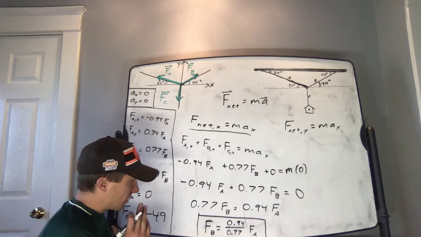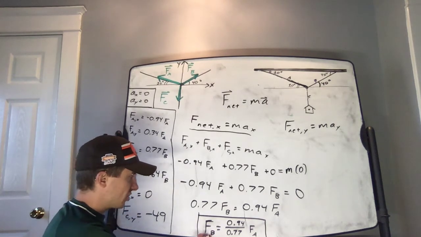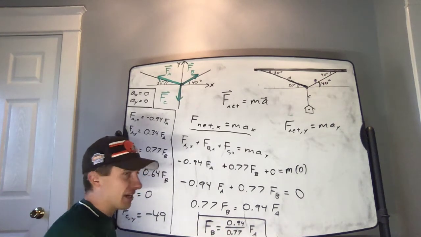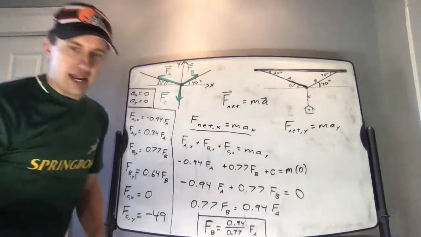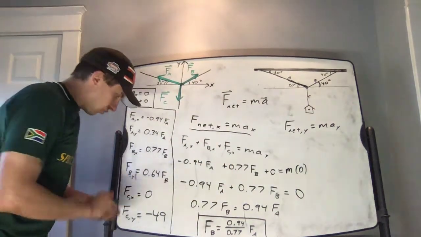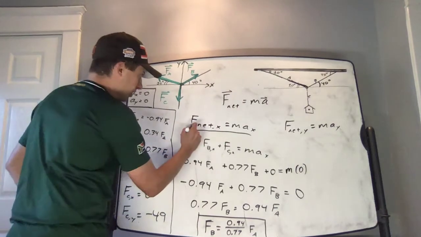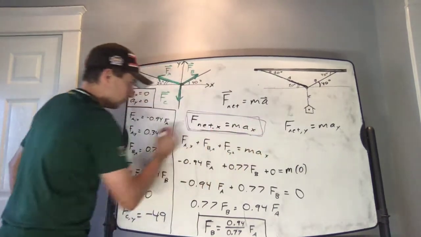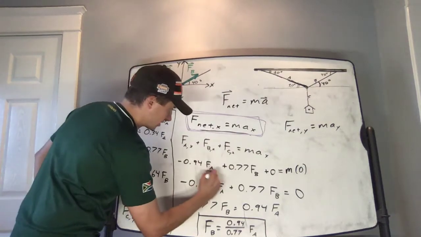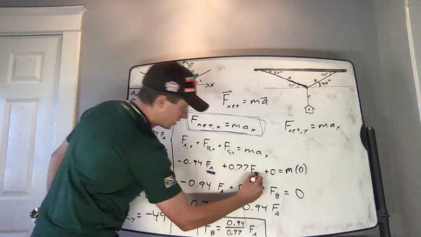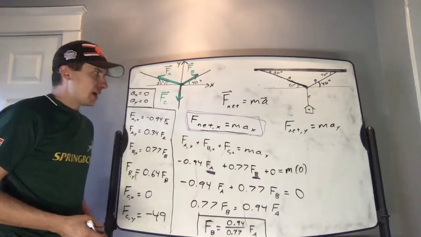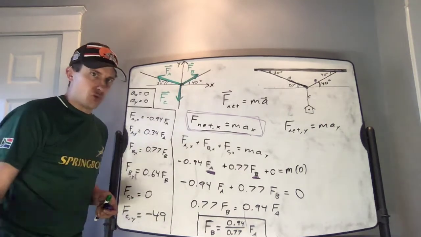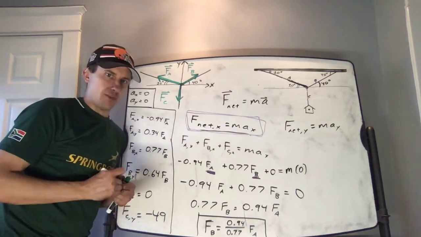We are not actually in a position yet to get both the value of FA and FB. As of right now, what we did is we had one equation. Here is our one equation, but we had 2 unknowns. One unknown is FA, one unknown is FB. We cannot solve for 2 unknowns if we only have one equation.